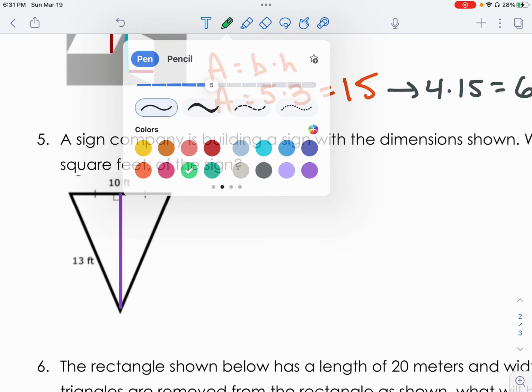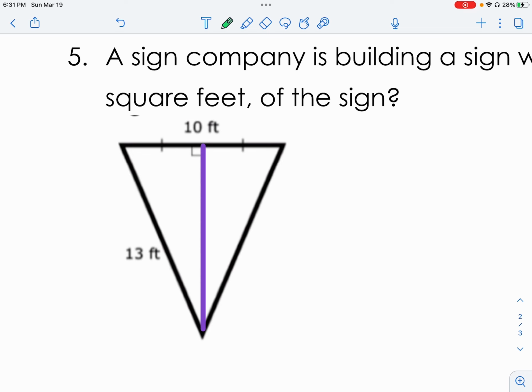Well, let's use Pythag. If we're told that both of these are congruent, we're given our congruency marks, then I know we can split this in half. So this green line is 5, our hypotenuse is 13. Let's go ahead and find the missing leg.